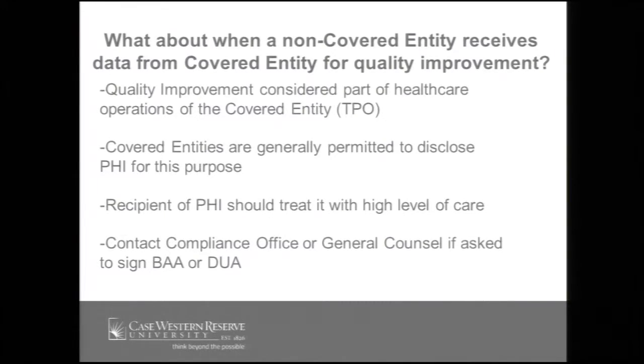The CASE recipient of the PHI in that case should treat it with a high level of care and privacy and security. And in that case, a BAA may be appropriate, but it's not for that unit to decide. As I said, they should contact the Office of General Counsel or our office to get help with that.